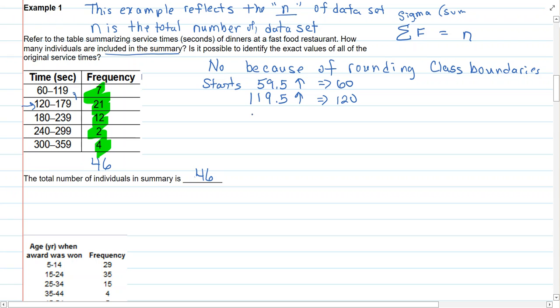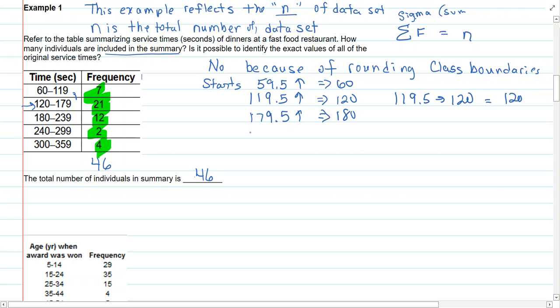And then that would mean 179.5 and up to, now remember, that's up to 120. In this case, it's 180. So between 119.5 to 120 is 120, and so on.